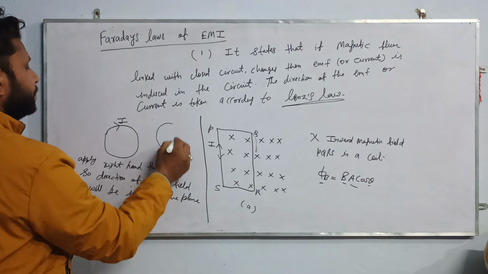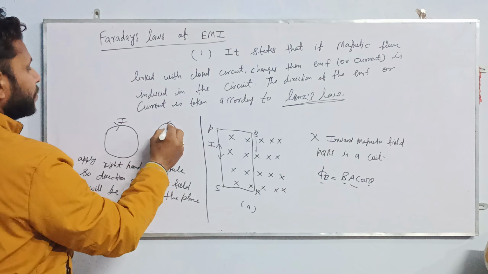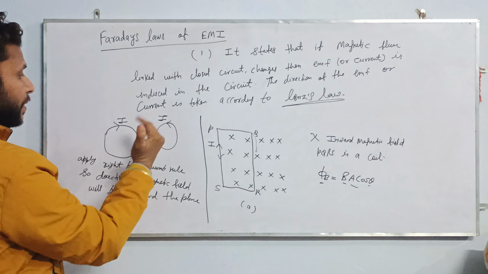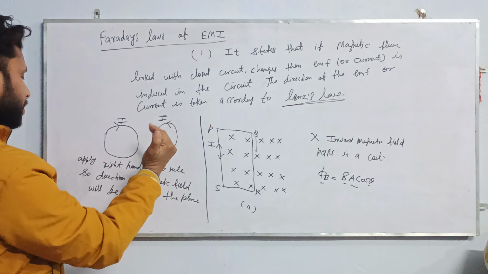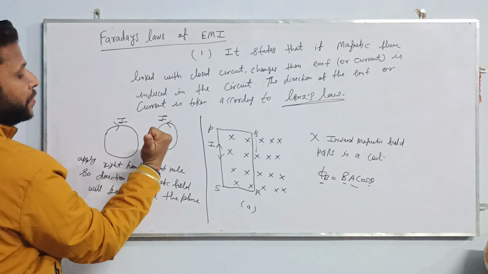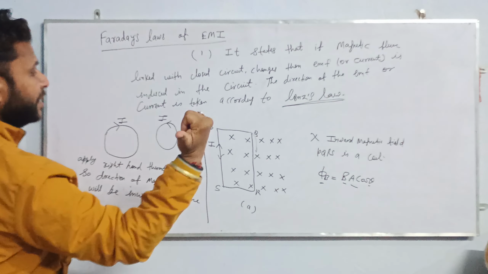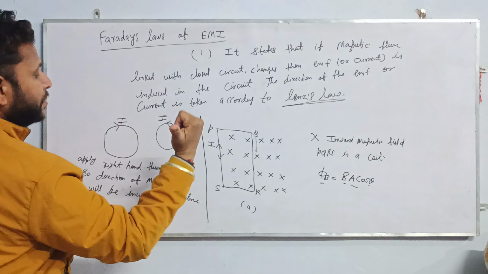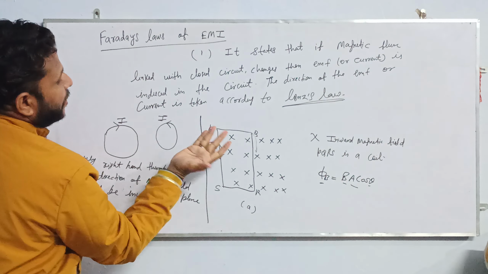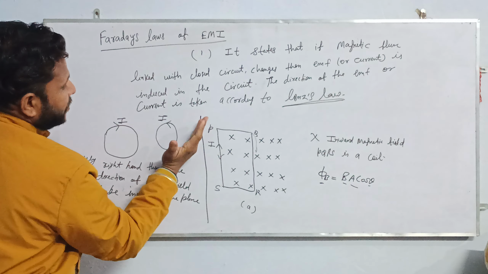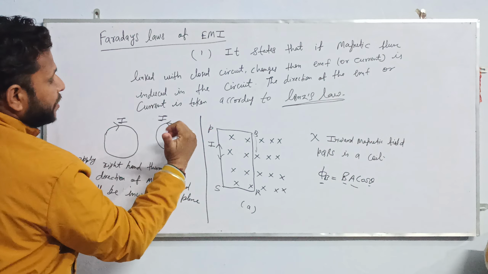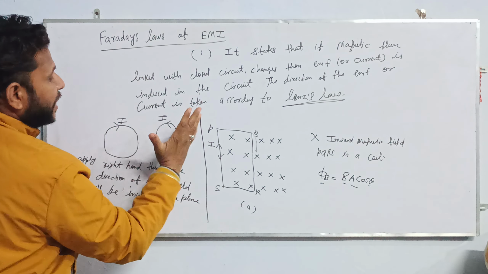And second case, if current flows in the anti-clockwise direction, so the magnetic field lines are in this direction. We rotated the fingers in the anti-clockwise direction, so the thumb represents the direction of the magnetic field lines.